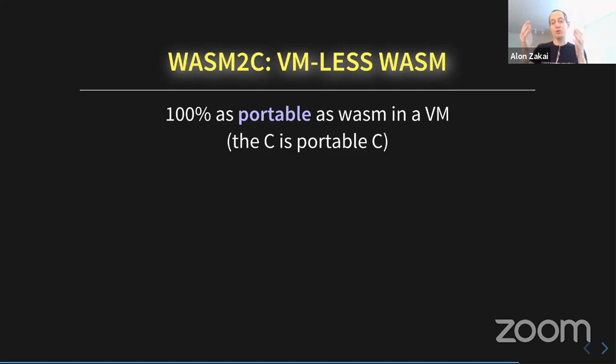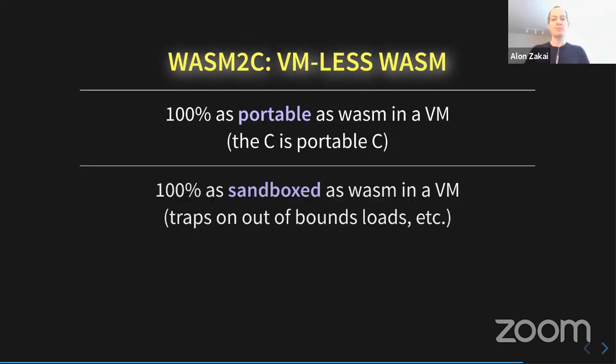But in this case, we emit portable C code that should compile the same everywhere. So we could have bugs, but in principle, it's possible to write portable C code. It's also 100% as sandboxed as Wasm in a VM would be. So it'll trap on out of bounds, it'll trap if the stack overflows. It does all the same safety checks and guarantees that a VM would. It just does it without a VM.